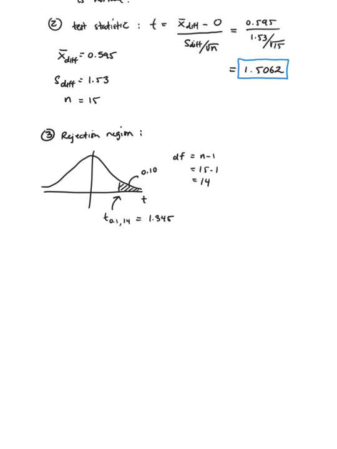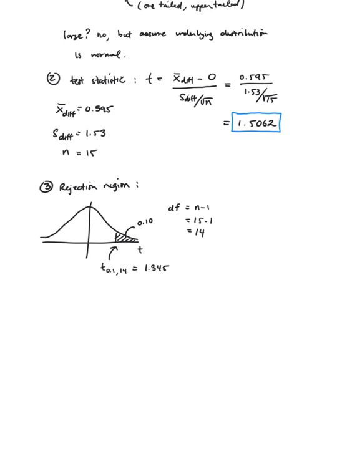All right, so just a quick look here. The 1.5062 is right about here because the critical threshold value is 1.345. So that means I lie in the rejection region, and so I reject the null, I accept the alternative. So I'm on to step 4 and I make my conclusion.